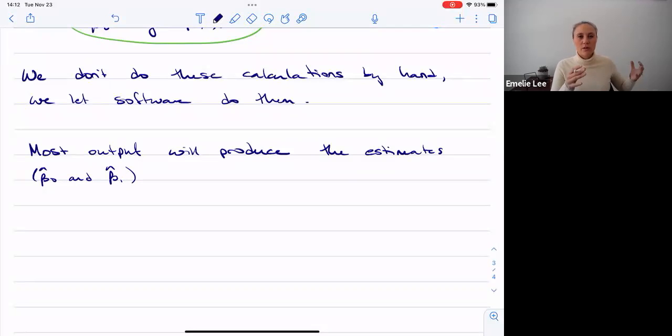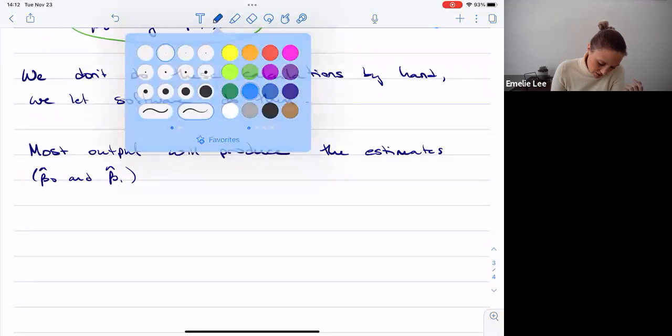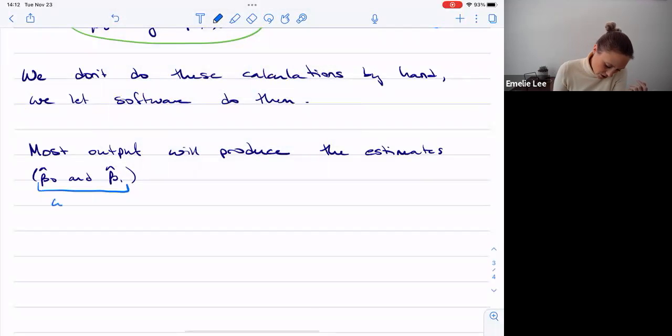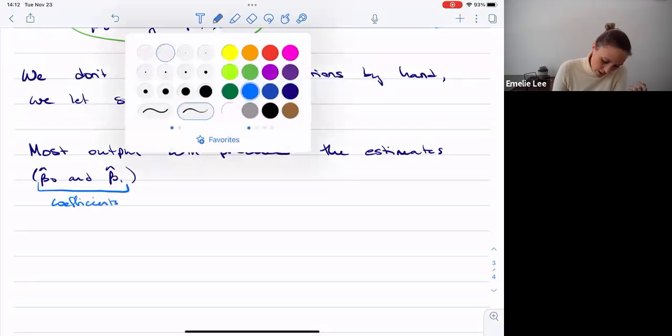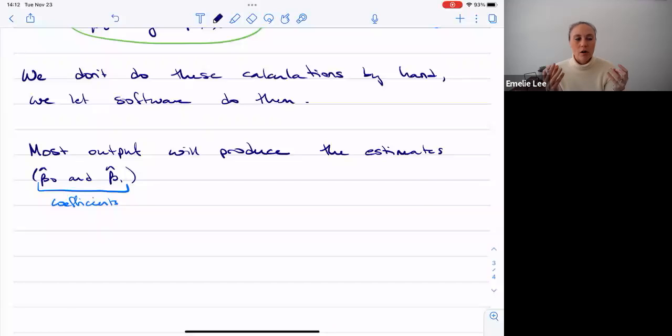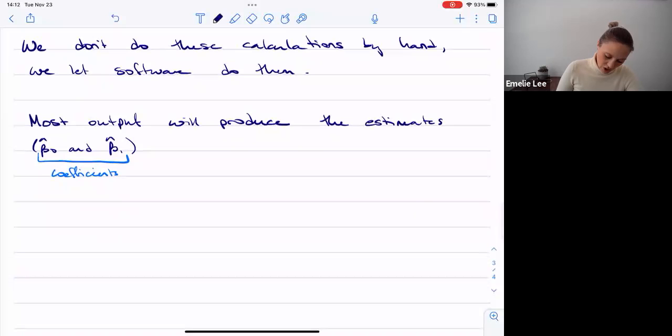If I were to collect a random sample again and build a new model, the coefficients would change. So as a measure of variability on those coefficients, we need the standard error of those coefficients.